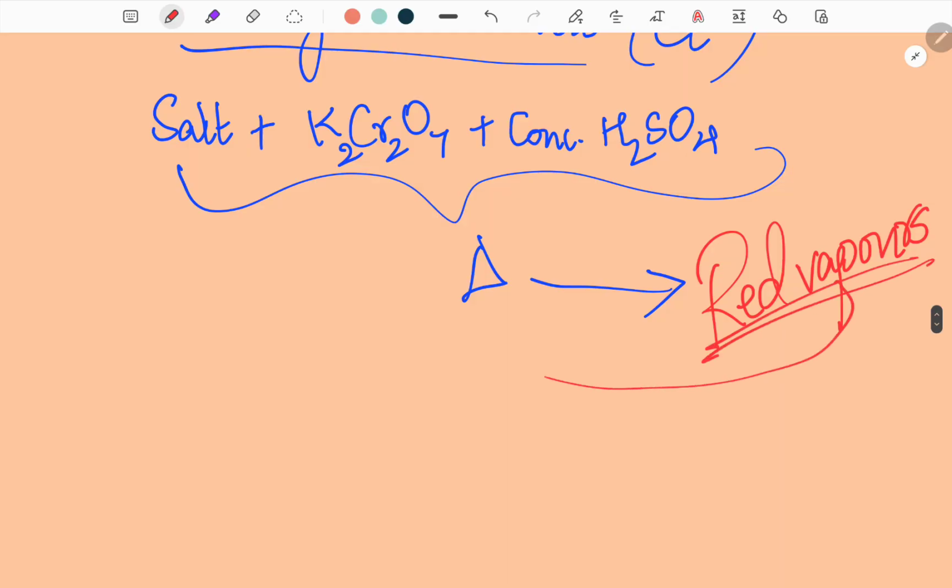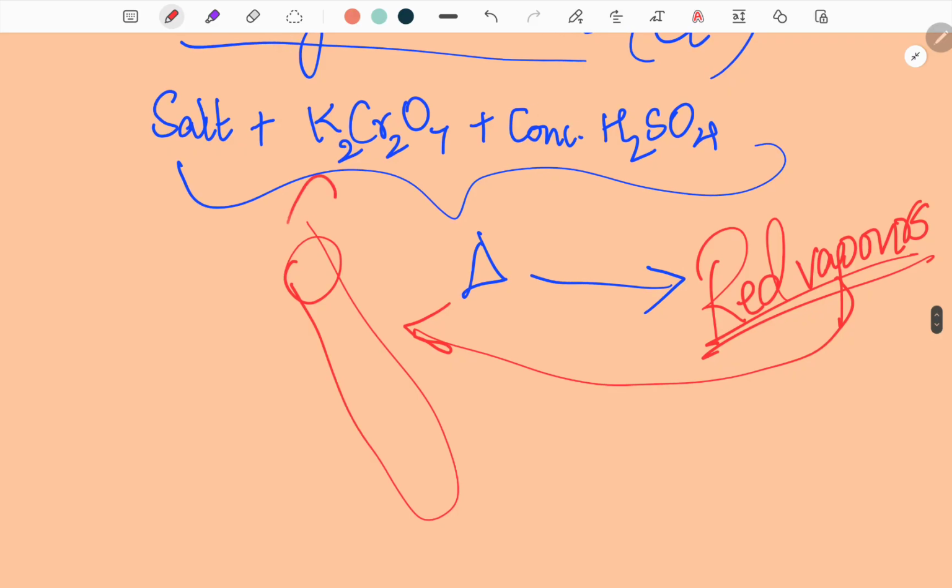These red vapors you are going to transfer into a new test tube, and in this new test tube, you need to add NaOH, sodium hydroxide, and you also have to add acetic acid and lead acetate.